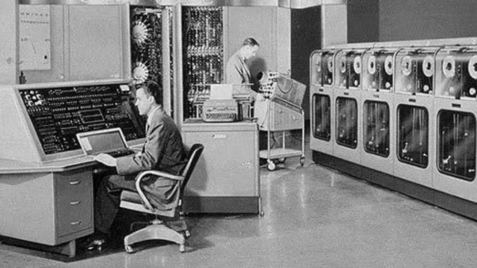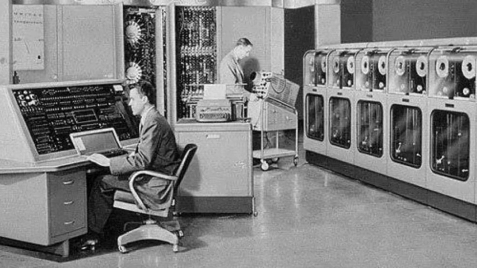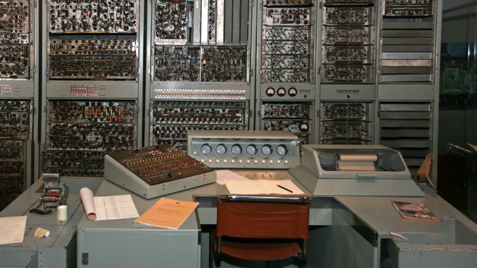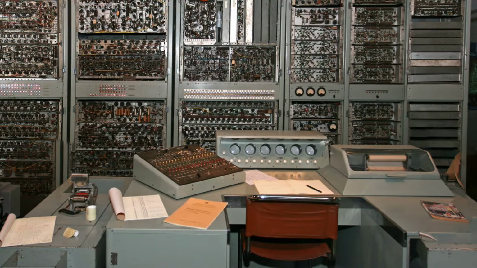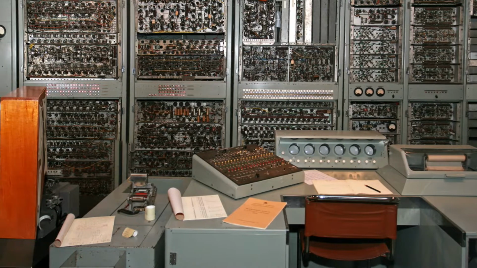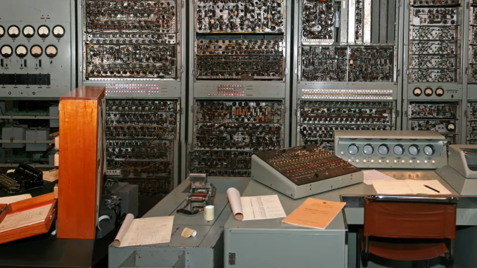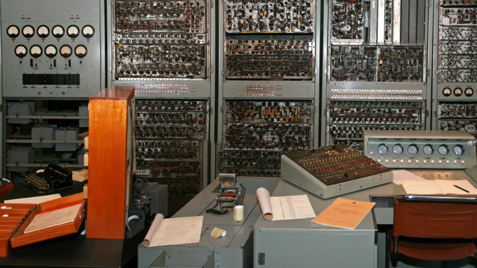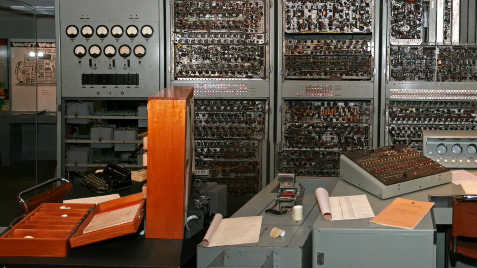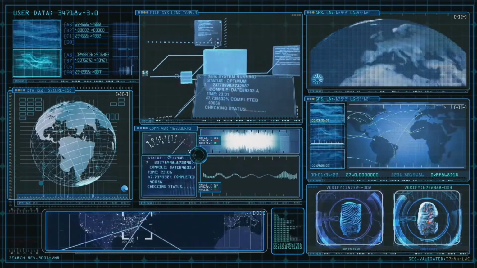The ENIAC was 30 to 50 feet long, weighed 30 tons, contained 18,000 vacuum tubes, 70,000 resistors, 10,000 capacitors and required 150,000 watts of electricity. First generation computers were too bulky in size, which required a large room for installation, and they used to emit a large amount of heat, so air conditioning was a must for the proper working of computers.